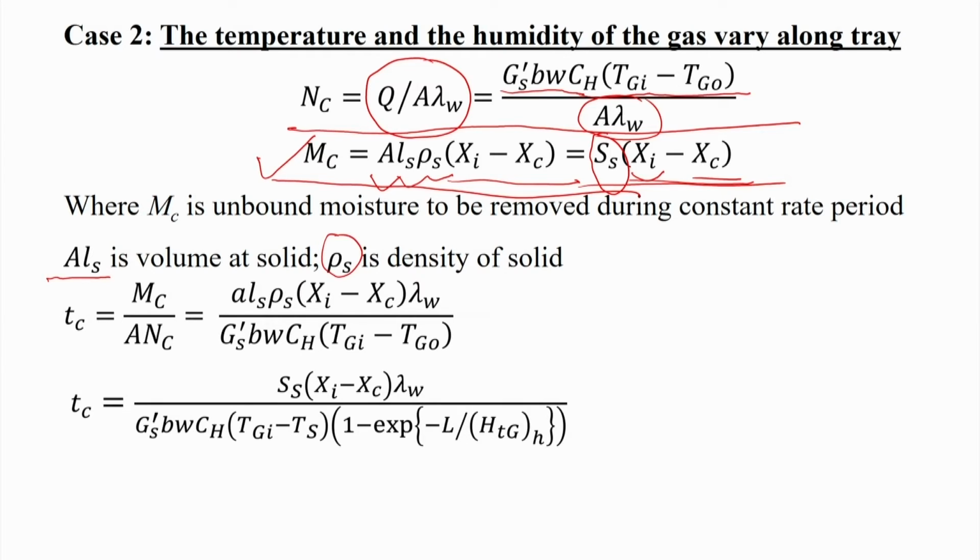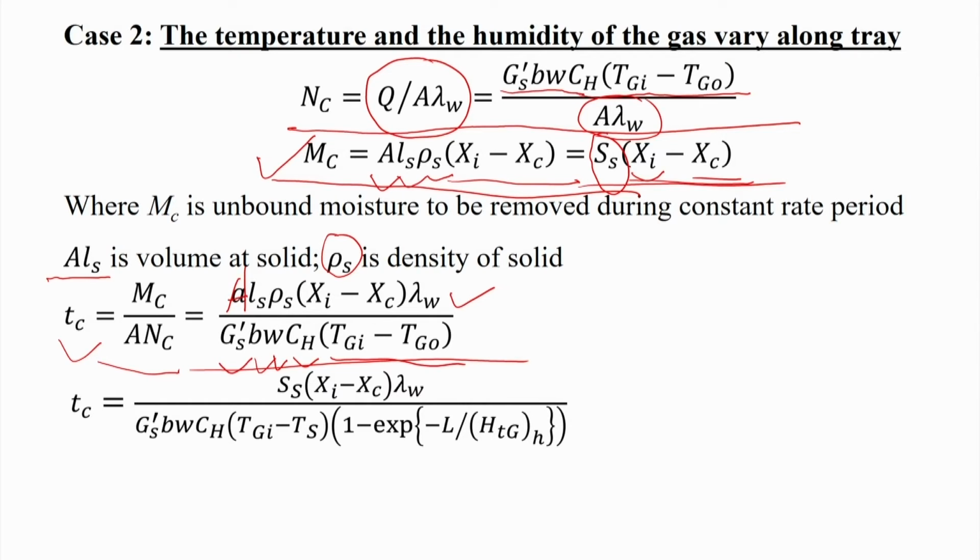So, Tc is equal to Mc by A into Nc, which is A into Ls into rho S into (Xi minus Xc) into lambda W, divided by Gs prime into B into W into Ch into (TGI minus TG out).